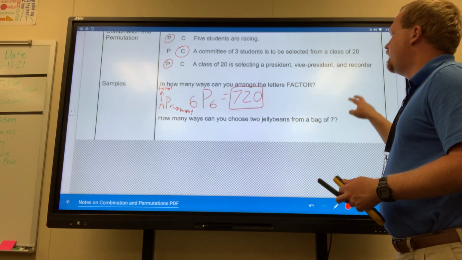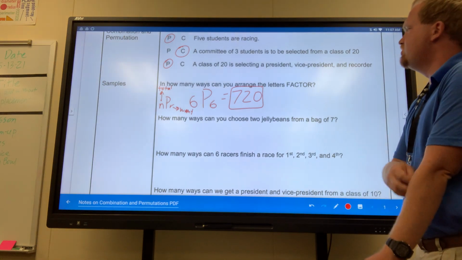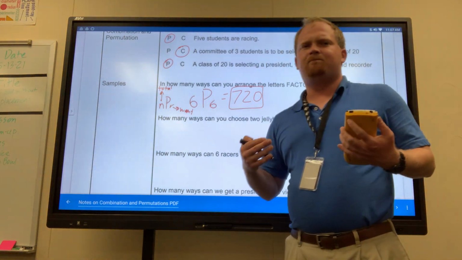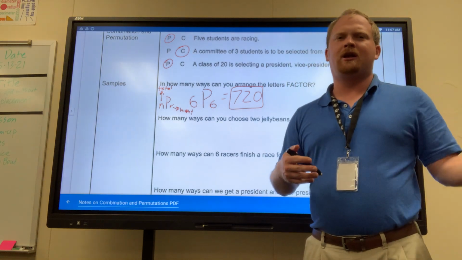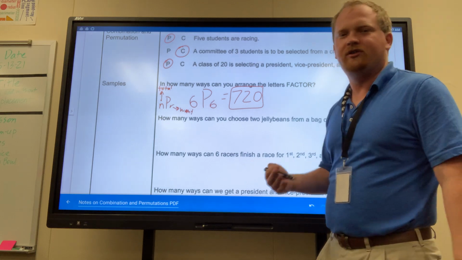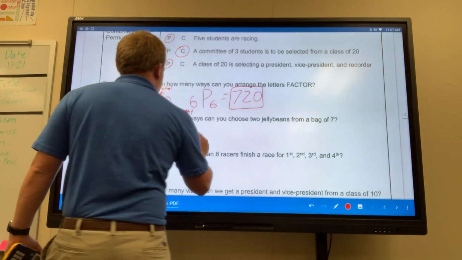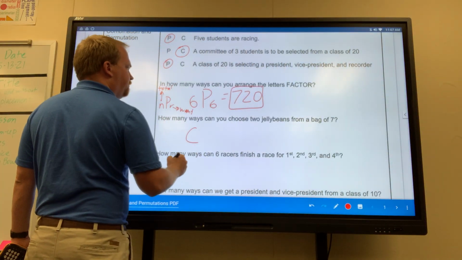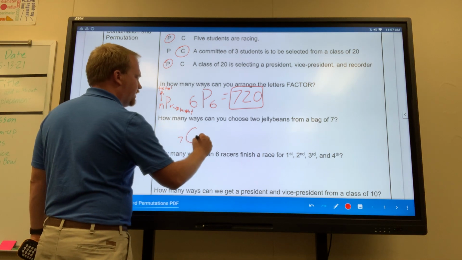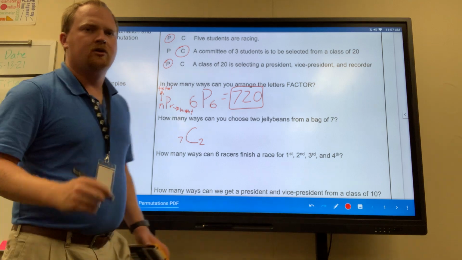Now, how many ways can you choose 2 jelly beans from a bag of 7? Again, it doesn't matter if the red comes out first versus the blue. The order does not matter, so this is a combination. There are 7 in a bag, and I'm choosing 2.